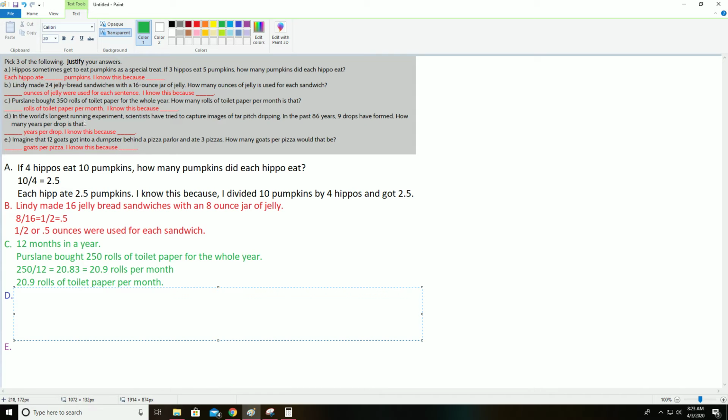D. In the world's longest running experiment, scientists have tried to capture images of tar pitch dripping. In the past 86 years, 9 drops have formed. How many drops per year is that? All right, so we have 9 drops in 86 years.